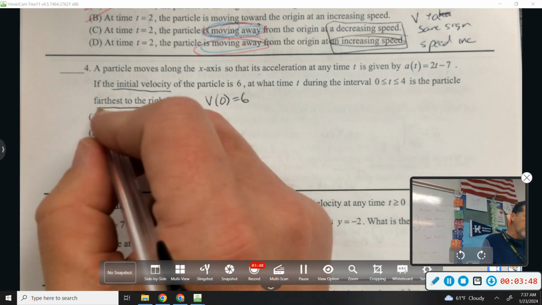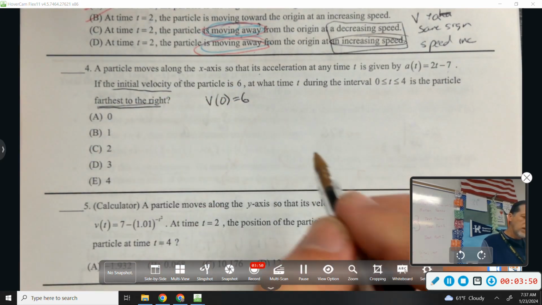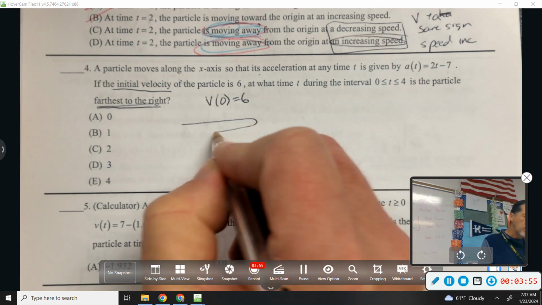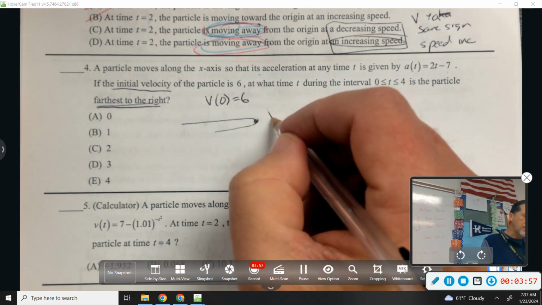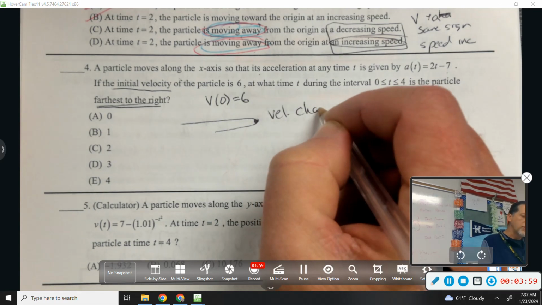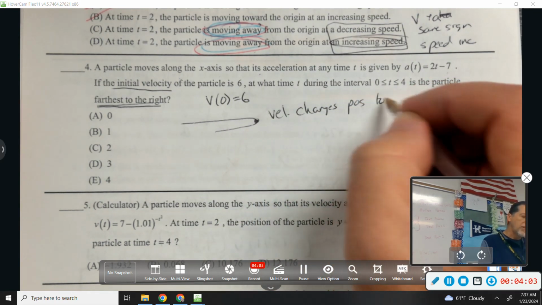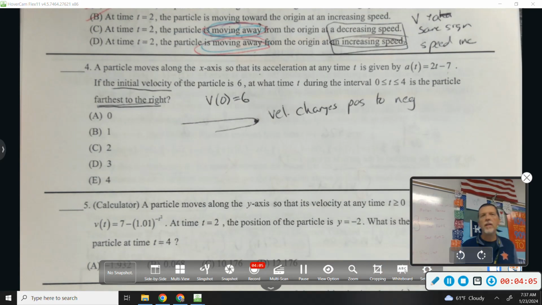Okay, farthest to the right would be over here. That would be where velocity changes. I'm trying to figure out what to look for here. Velocity changes from positive to negative. That would be one way to say that. That would be farthest to the right. Or it turns around.